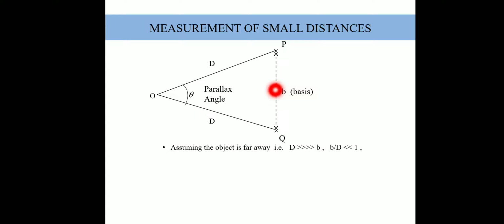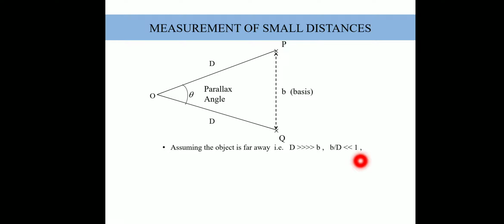In mathematics you would have studied that whenever the denominator is bigger than the numerator, the total value is less than 1, 0 point something. Here the numerator is the basis b and the denominator is capital D. So the denominator is bigger, and b by D is very, very small. Remember that.